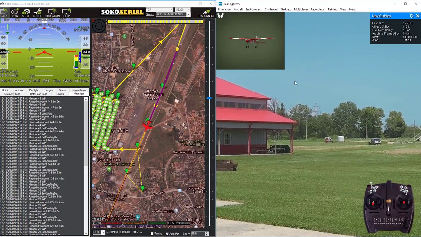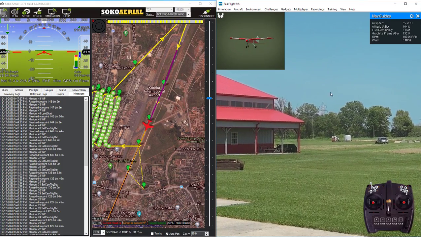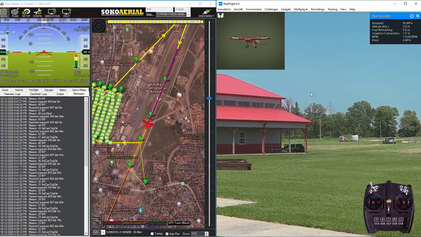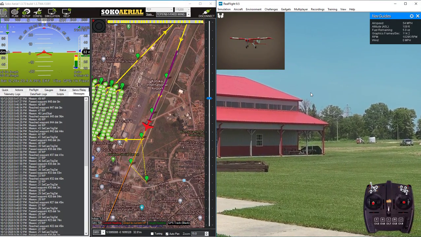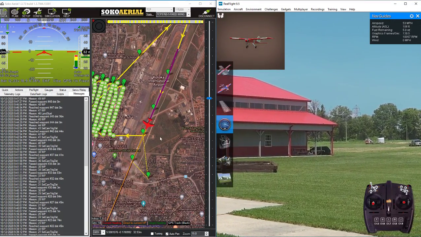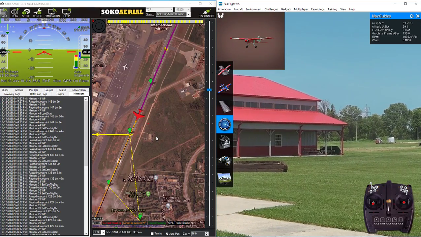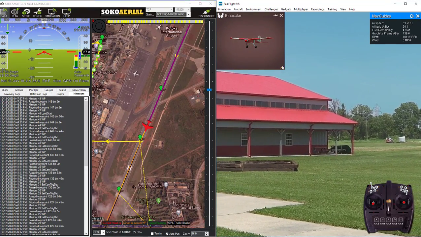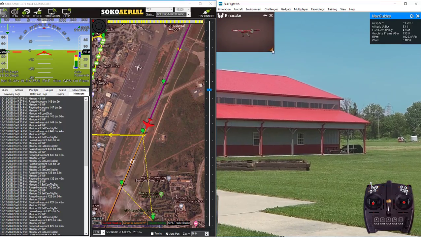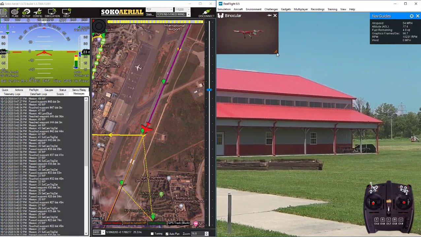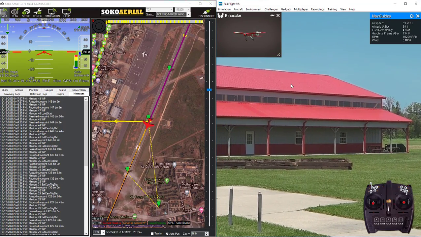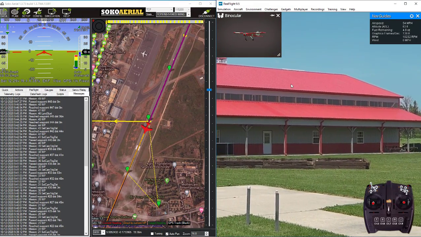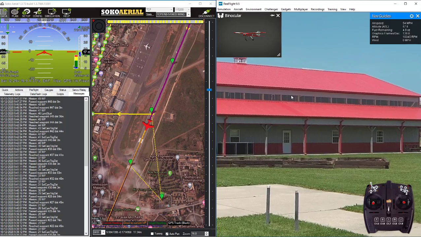I should be seeing it coming from somewhere here. It may overrun the runway a little bit, but yes.